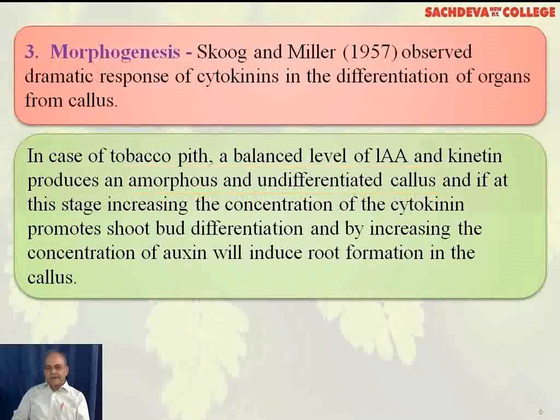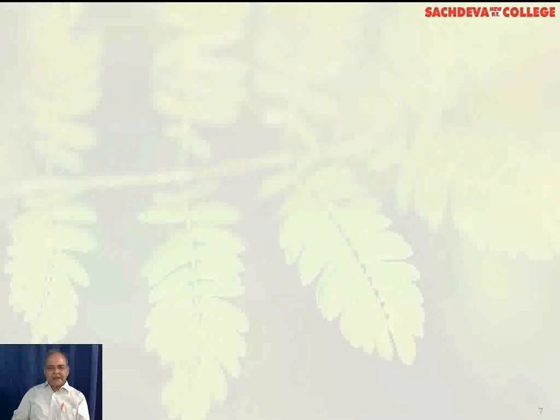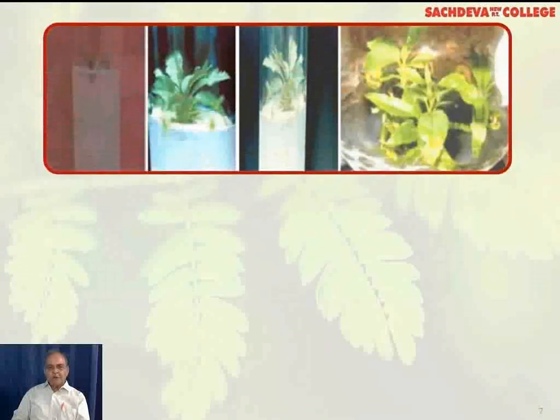If at this stage we increase the concentration of cytokinin, it promotes shoot bud differentiation, and increasing the concentration of auxin will induce root formation in the callus. You can see the balanced auxin and cytokinin is resulting in the organ differentiation.